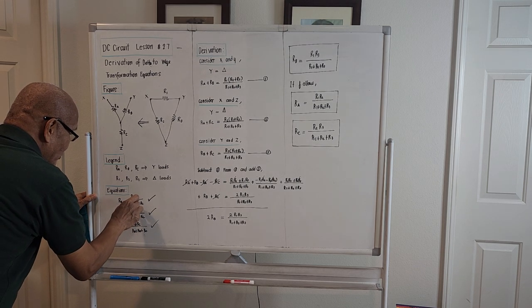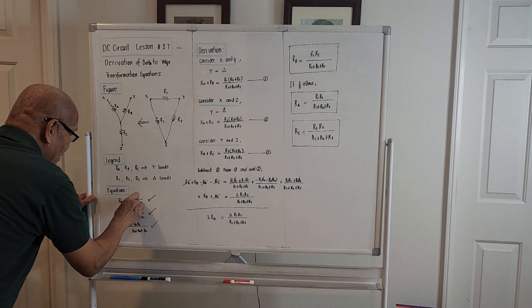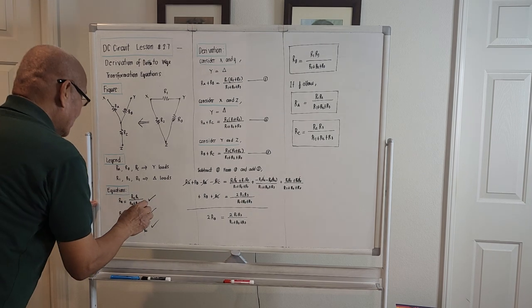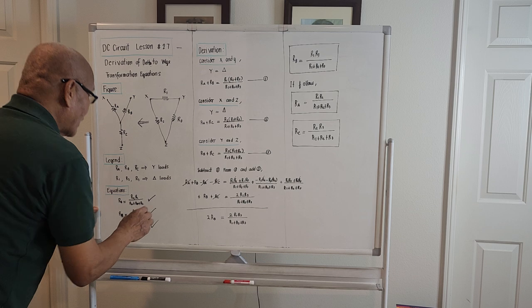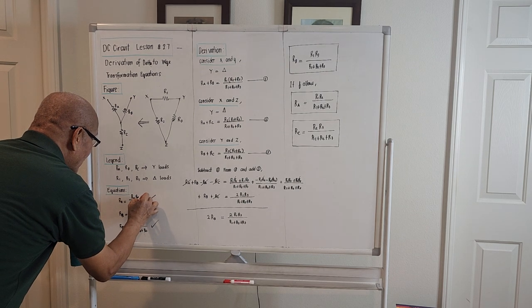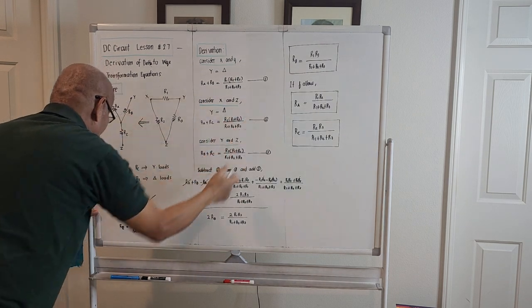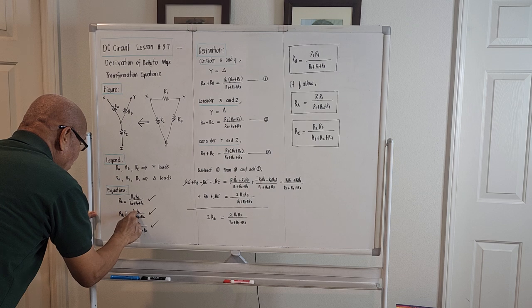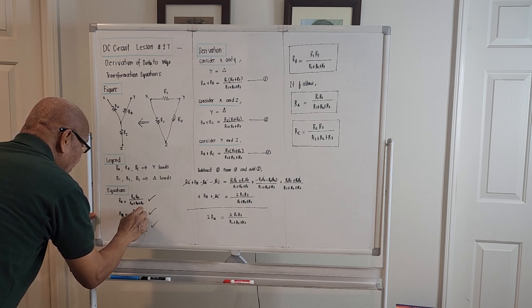So for RA, it should be R1 and R2. We are following the derived equation. This is still R1, and this will be R3.